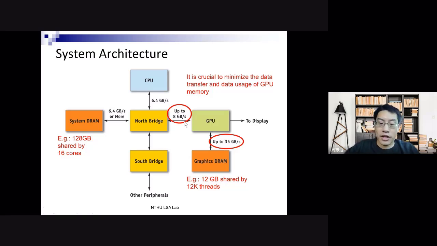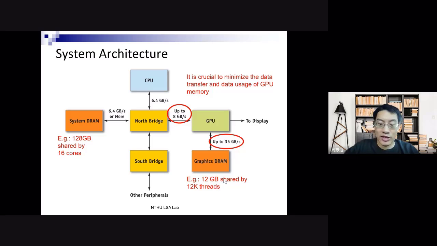The second thing is the size of the memory. For main memory on a regular computer, we can probably have up to 100 gigabytes, and some servers can even install up to 1 terabyte of memory. That's not uncommon. But a GPU card used to have maybe 40 gigabytes, and even today it only grows up to 64 gigabytes.